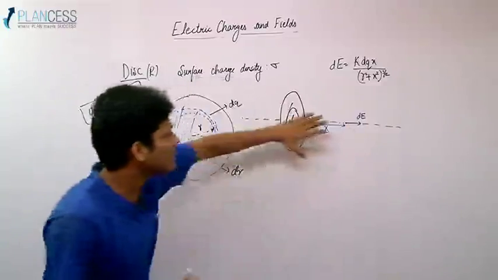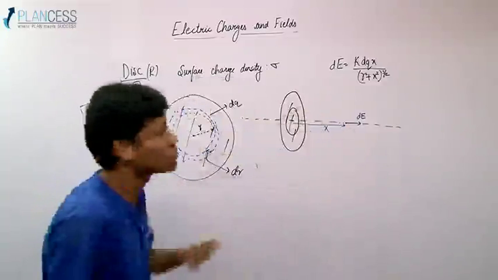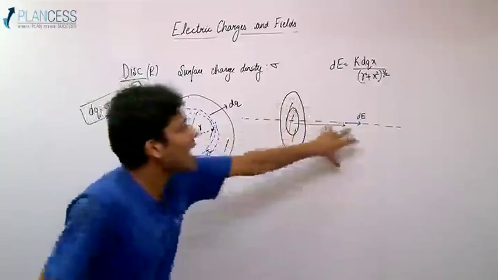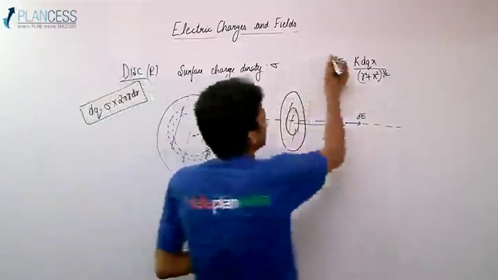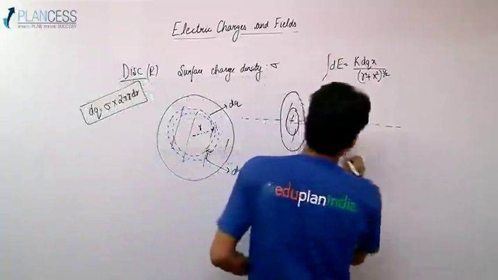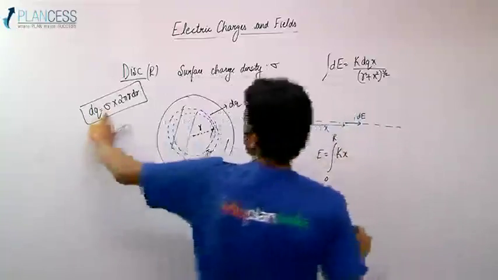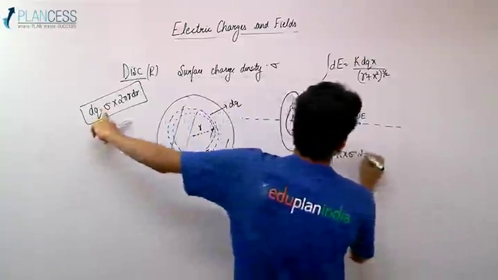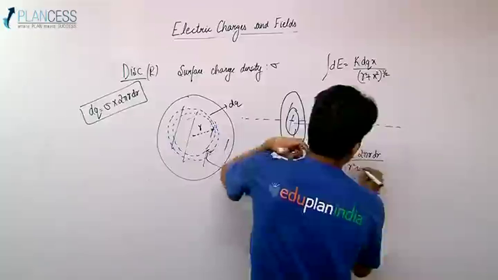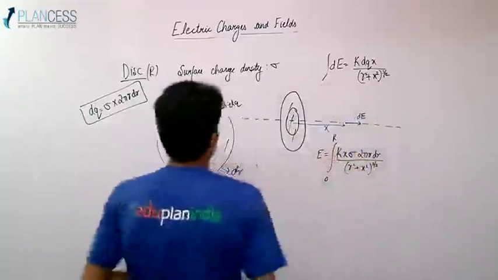If I integrate this dE for all such rings, which vary from r equals 0 to r equals capital R, I'll get the total electric field put up by this disk at that point. So E equals kx integral from 0 to R of sigma 2 pi r dr upon (r square plus x square) whole to the power 3 by 2. So this is the formula.